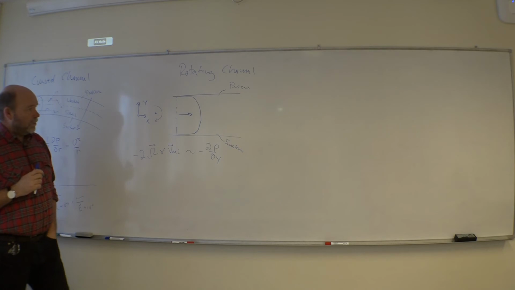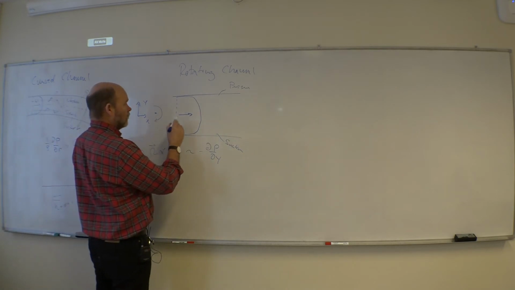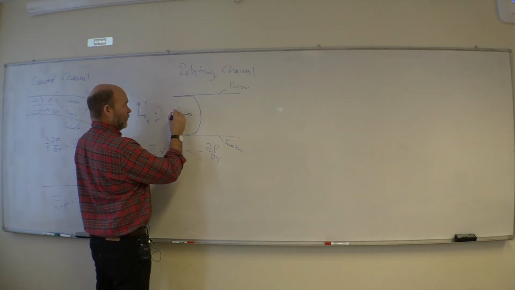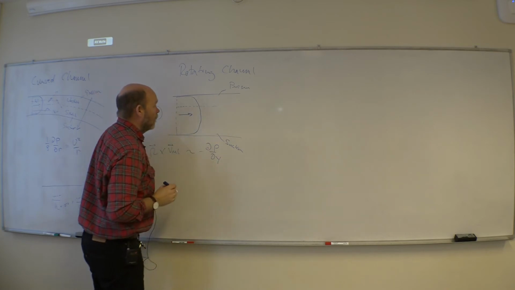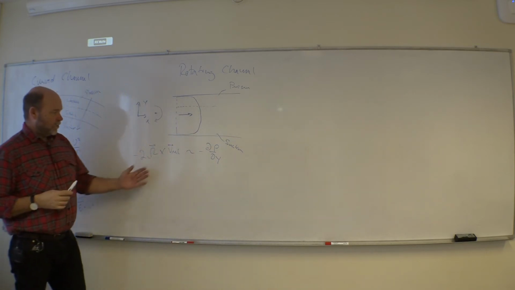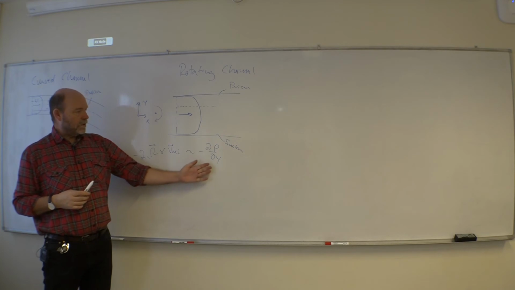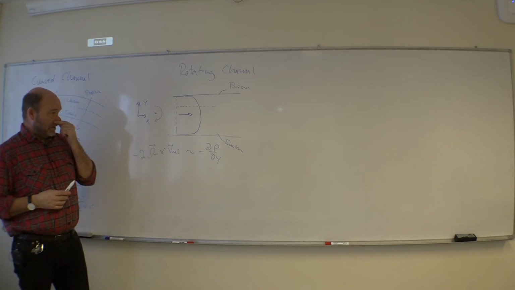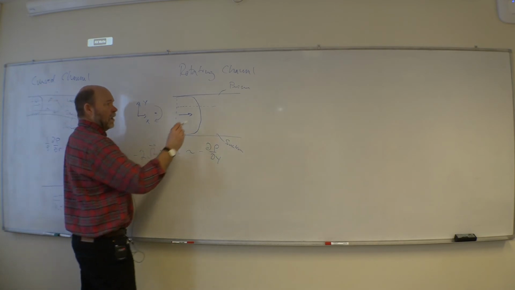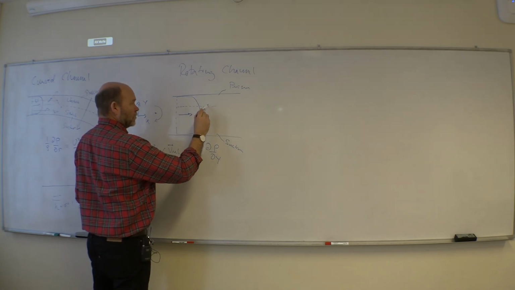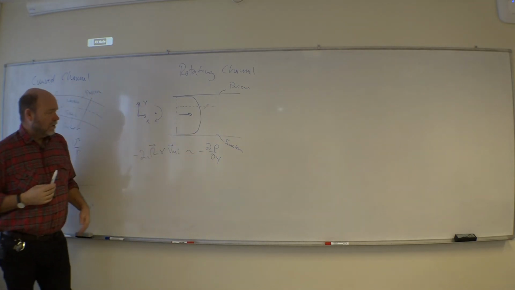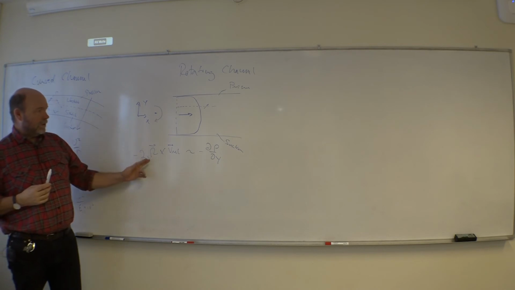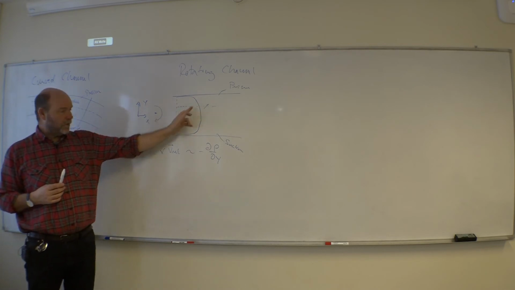So now let's see what happens. If you are here somewhere, you have a balance between the local Coriolis force and the pressure gradient at this location. And now if somebody kicks you upstairs, then you will be slower than your surroundings.